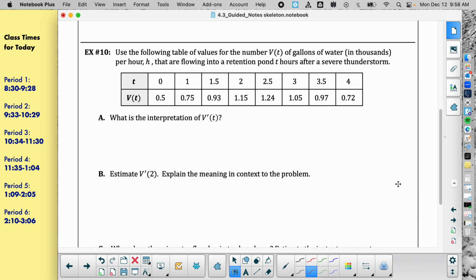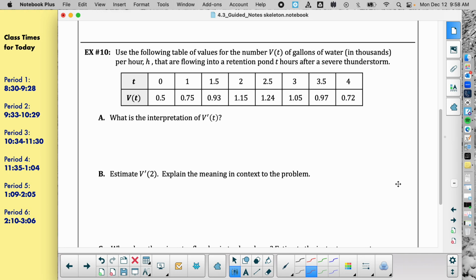So in A, it says, what is the interpretation of V prime of T? Lucas, is there somebody you want to call on? Sahi. What would V prime stand for?